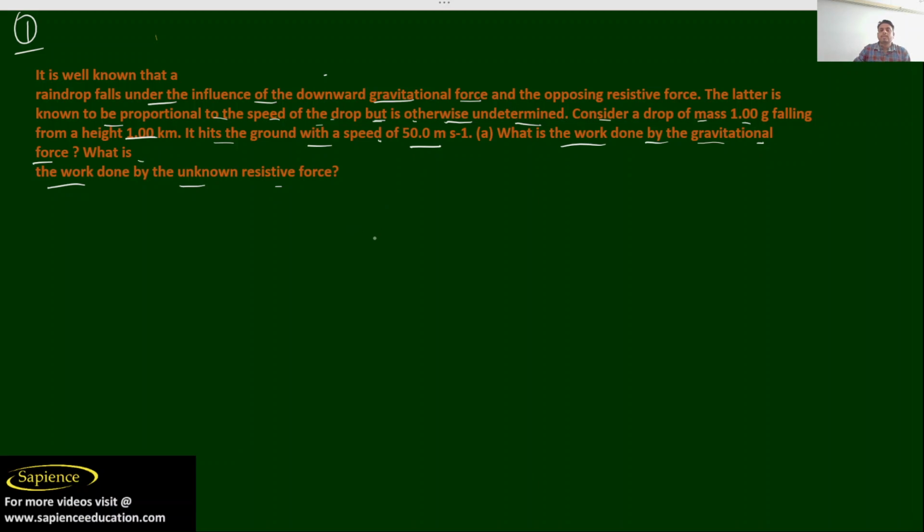So first of all, we need to understand that a raindrop is there, and the mass of the raindrop is 0.1 gram only.